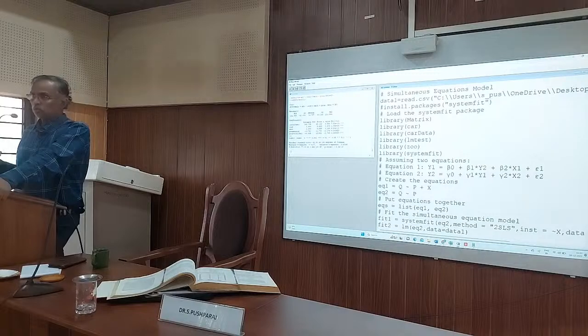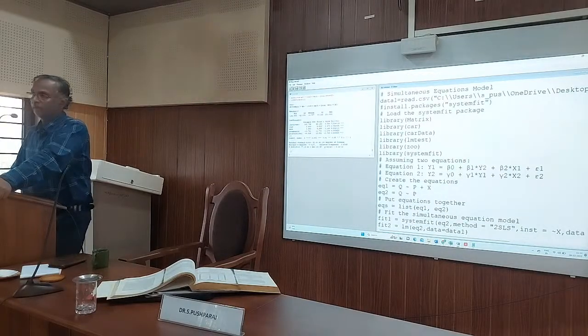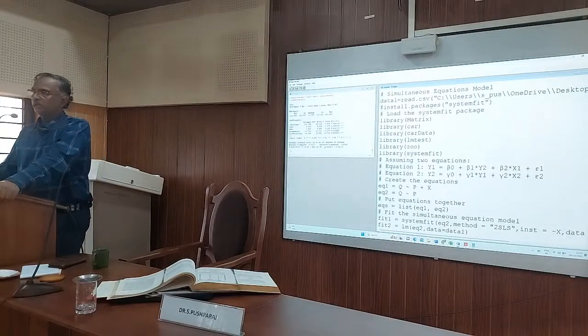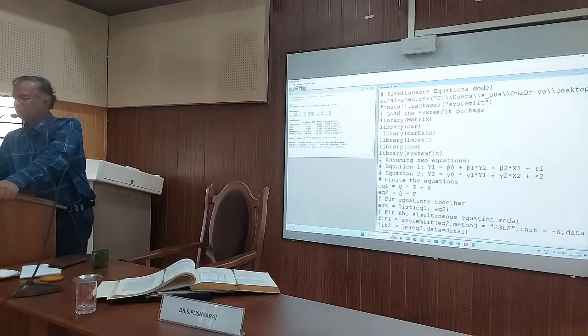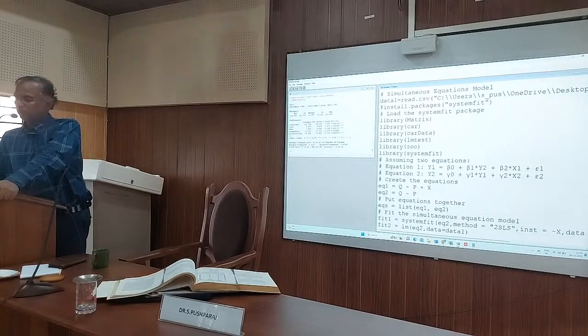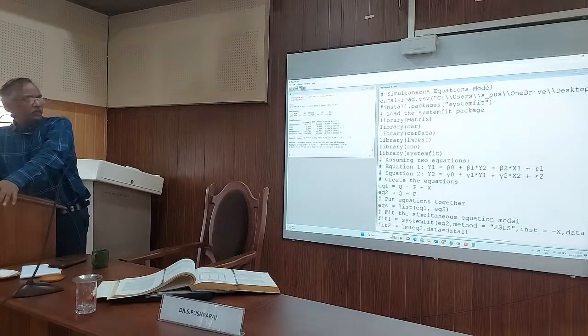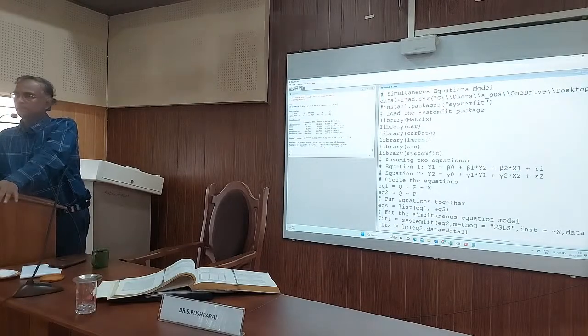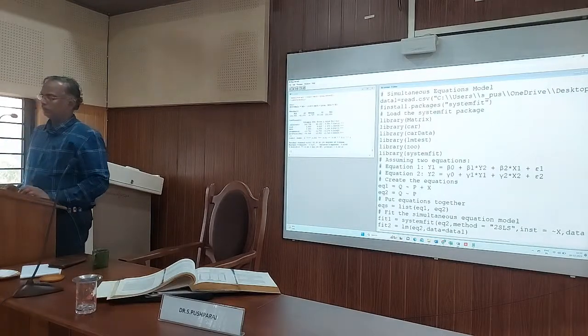To run two-stage and three-stage least squares, we use the systemfit function in the systemfit package. Apart from it, it requires some dependent packages: Matrix, car, lmtest, zoo. These additional packages are required to run this regression.